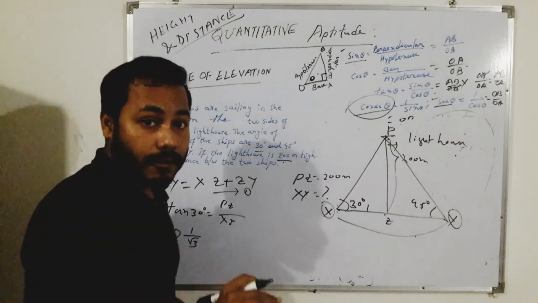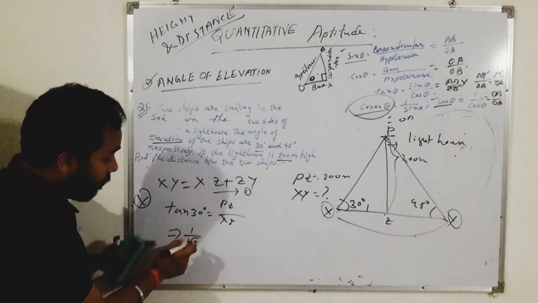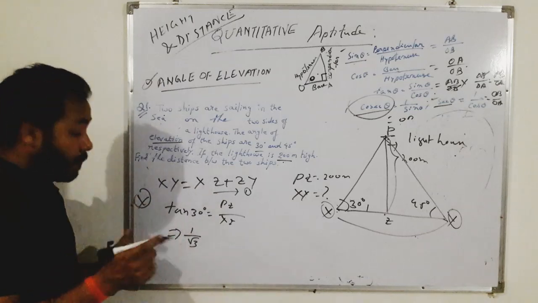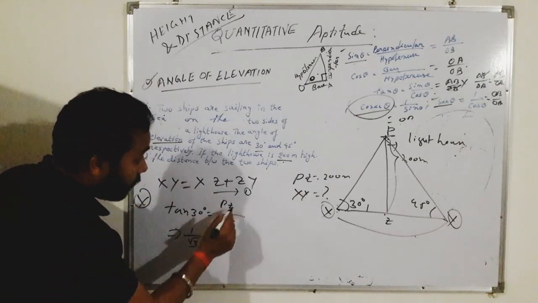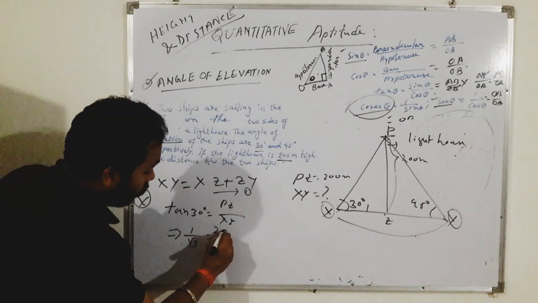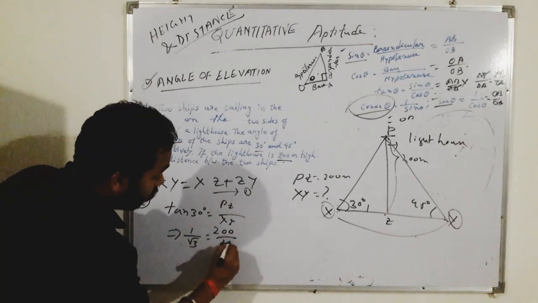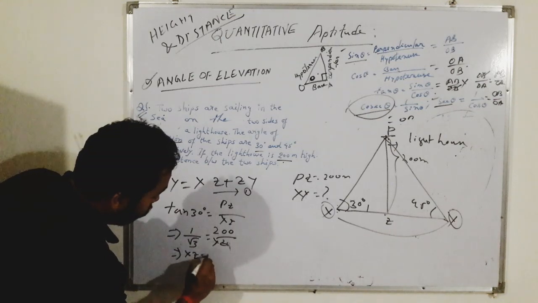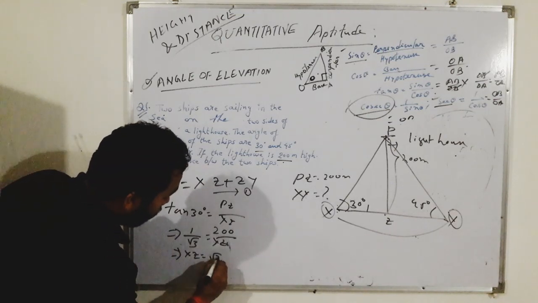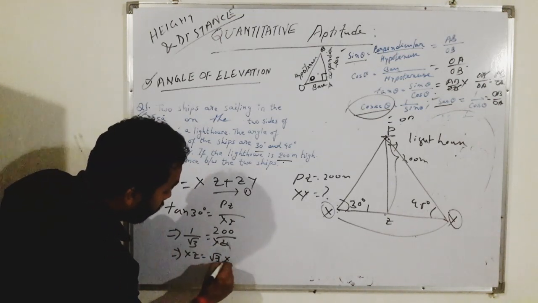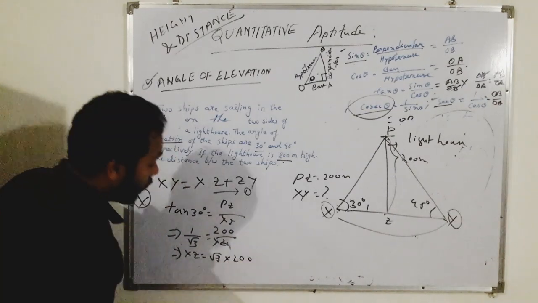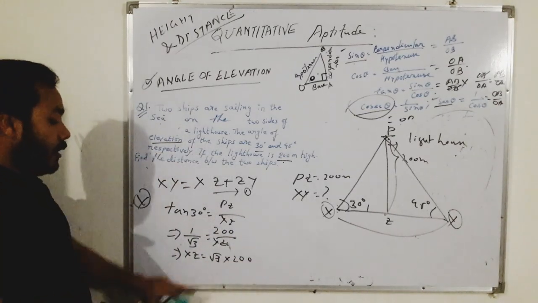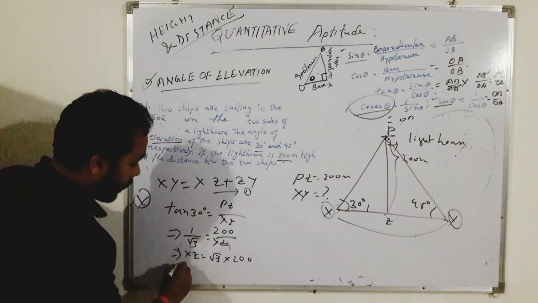You just memorize them. So tan 30 degrees, remember the value is 1 by root 3. Now the PZ value is 200 and XZ we need to find out. So XZ is equal to root 3 times 200, because the root 3 goes to this side and becomes multiplication.